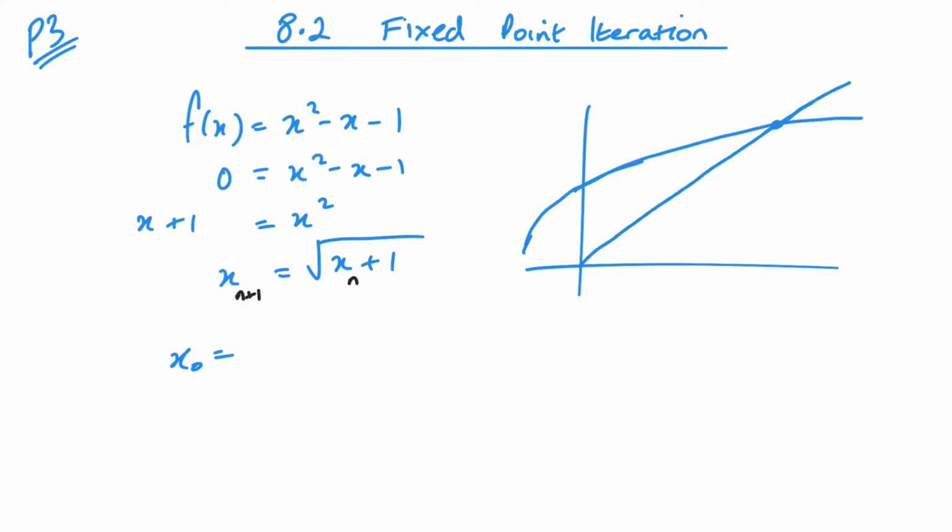Now, what happens in this kind of case is that I'd substitute a value of x0, say here, and that gives me a value on the curve where I substitute it in, and then I take that answer, and that is now my x1.